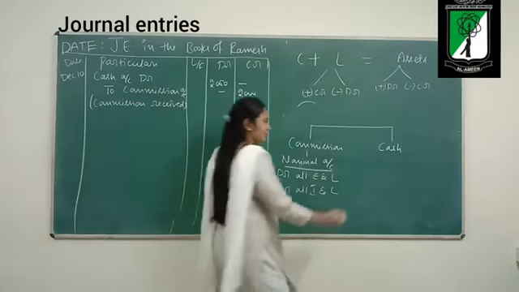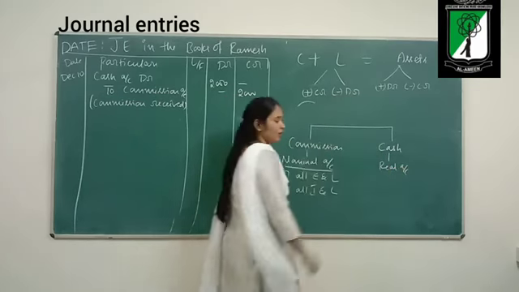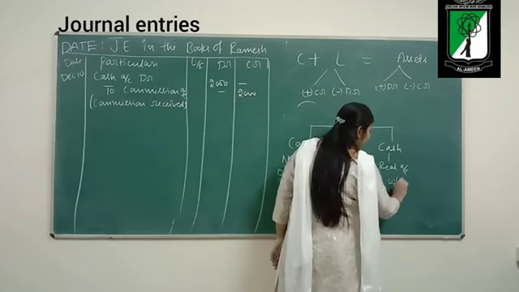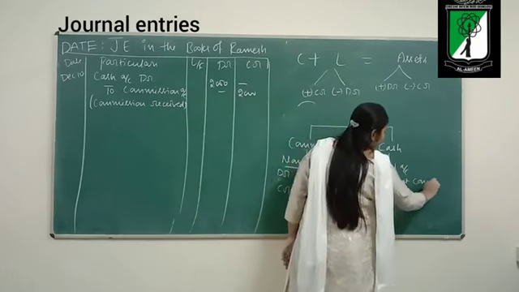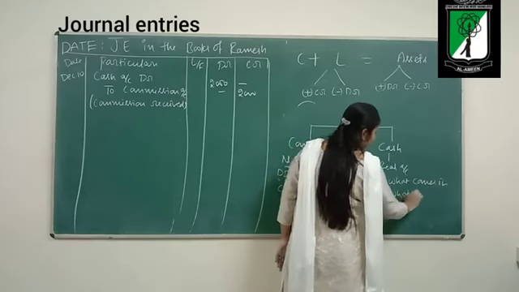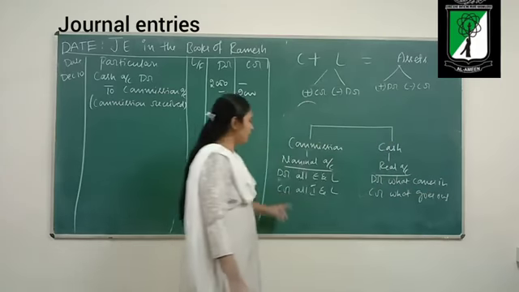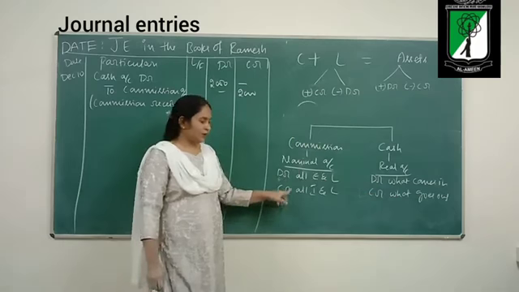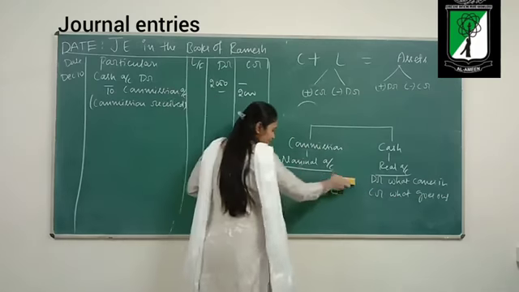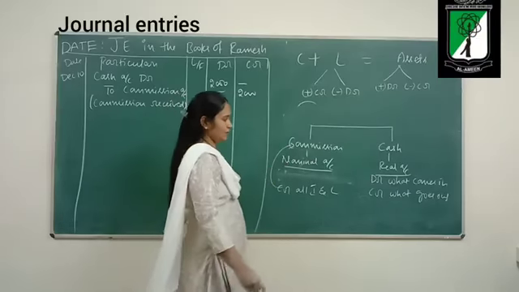Cash is an asset. For an asset, we follow the real account rule. What does the real account tell? Debit what comes in, credit what goes out. Here, it's a gain, not an expense, so I will credit commission.